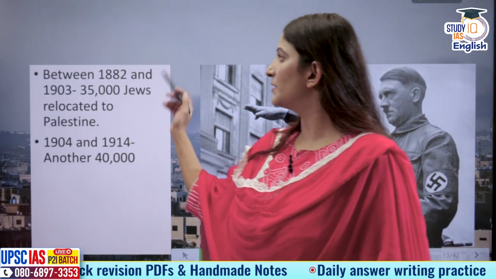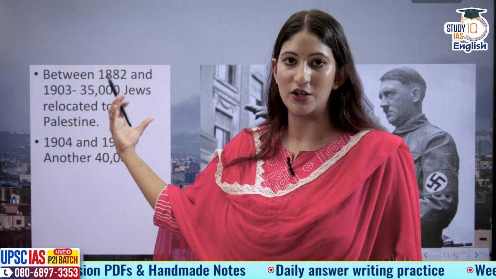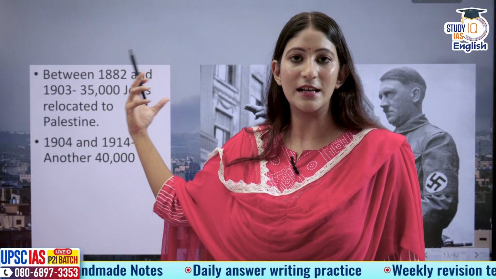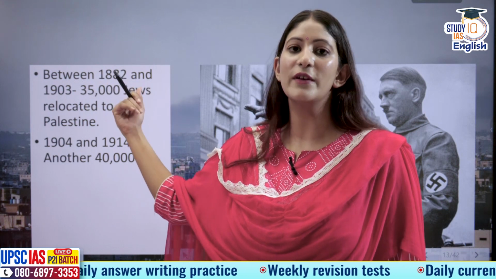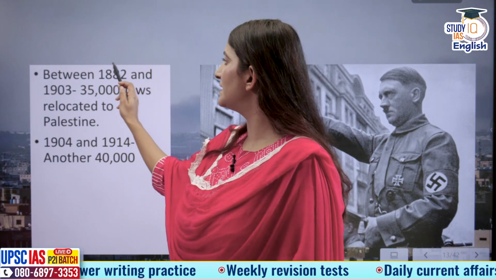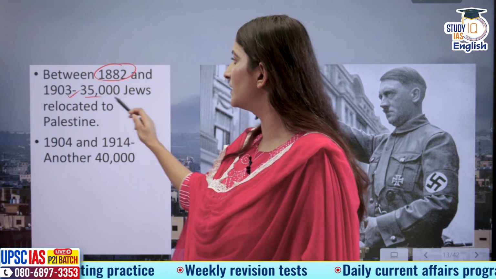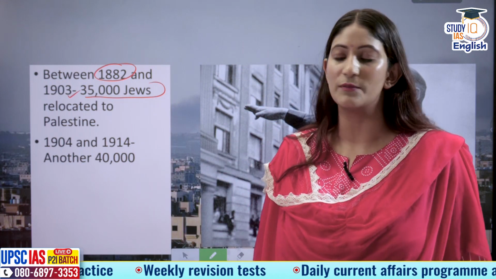And it was at the peak of the First World War when we saw the immigration of Jews, not only who were living in Israel, but also in European nations, they started moving towards this region. So between 1882 to 1903, 35,000 Jews relocated to Palestine.